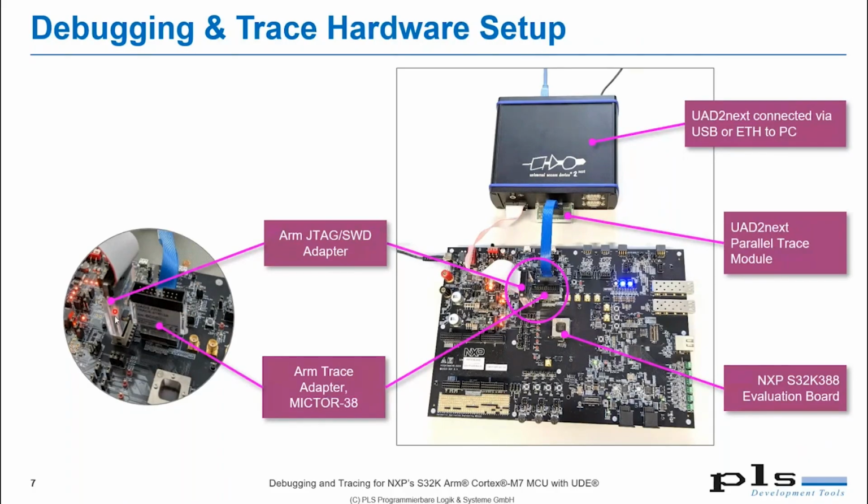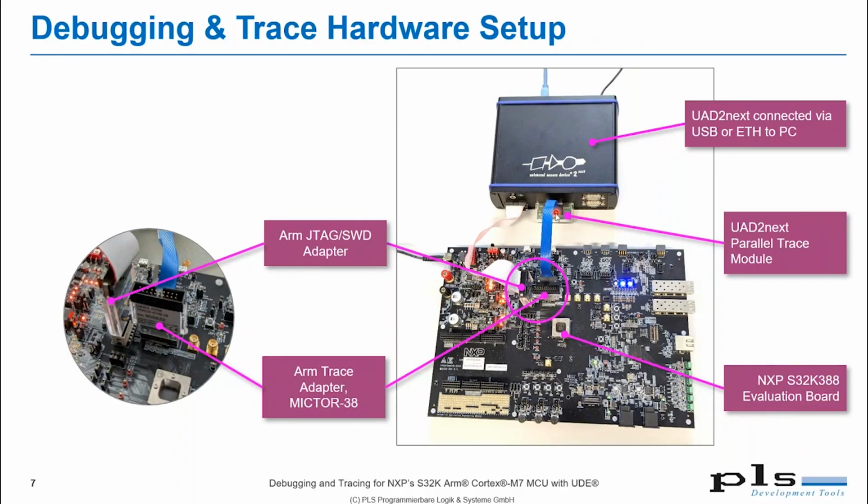So that is the target adapter, or the debug adapter, here connected to the interface on the board, and then we have a micro connector, 38 pins, for the trace adapter here, and the debug adapter and the trace adapter are separated in that case.